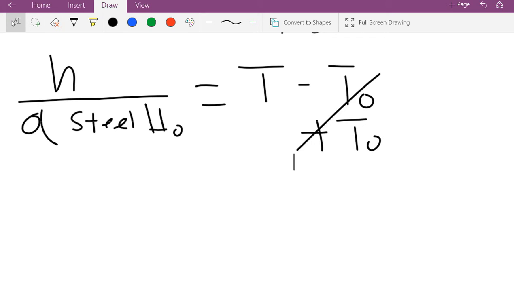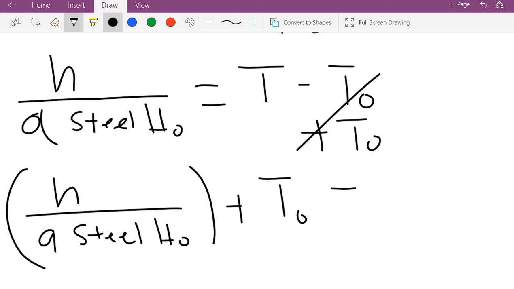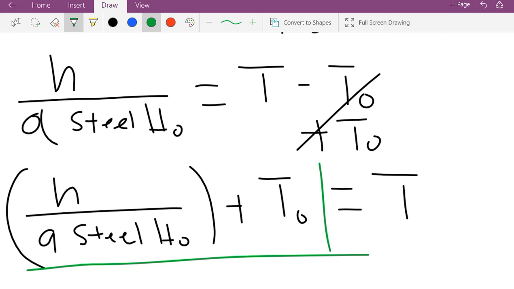So we get h over alpha steel H naught, all of this business, plus t naught, and that's going to equal T. And this is the answer right here. This is the final answer right here.